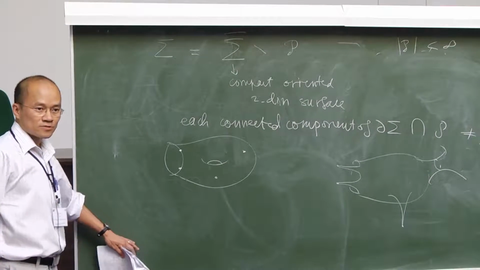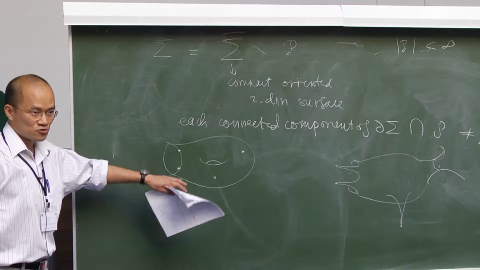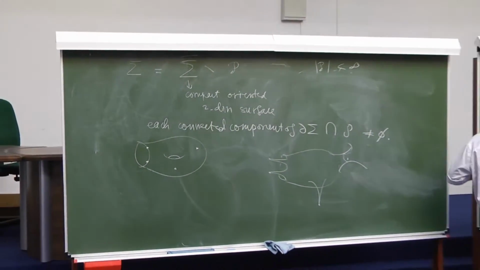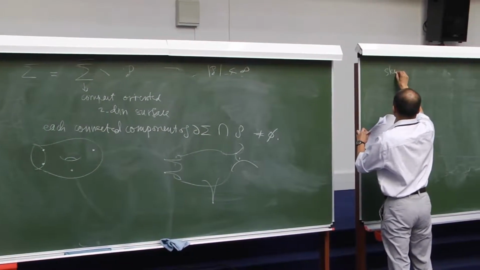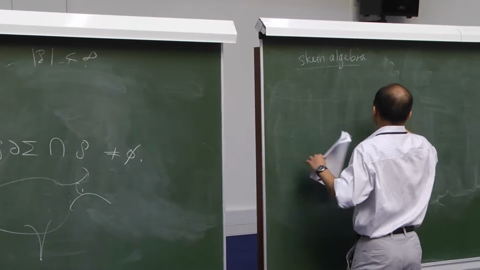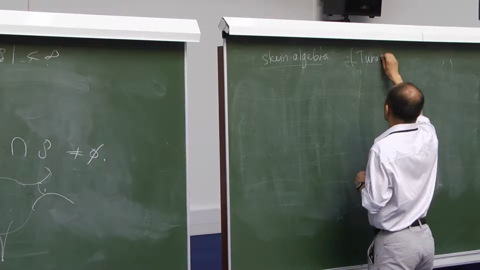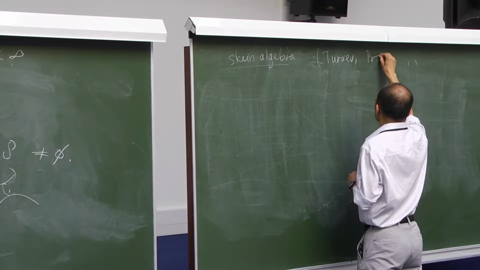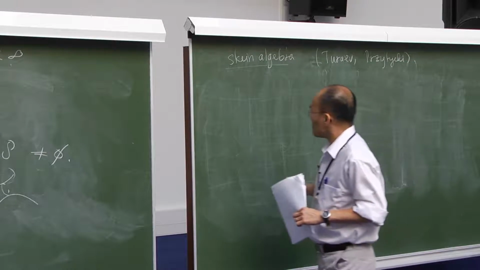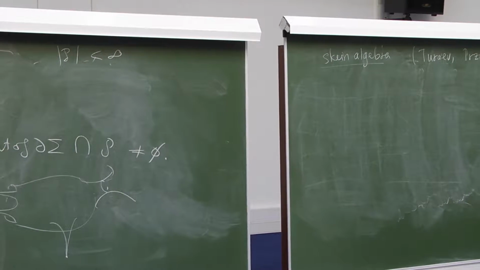So we will look at three quantum objects related to such a surface. The first one is the skein algebra, the Kauffman bracket skein algebra, which was introduced by Turaev and Przytycki, which can be considered as a quantization of the character variety of the surface.